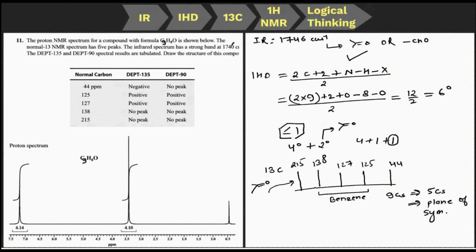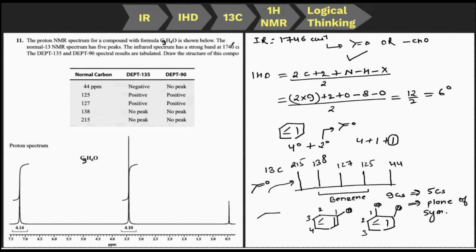Now carefully look at here. There are 3 benzene carbon signals, and benzene must show 6 carbons, right? So under what condition is it going to show 3 signals? Let's say if the benzene is monosubstituted, then it will show 4 signals. If the benzene is disubstituted, this type of 1,2 disubstituted benzene ring will show 3 signals, right?